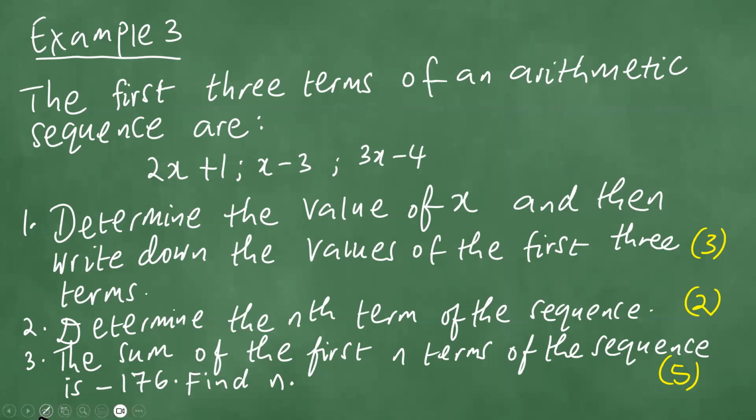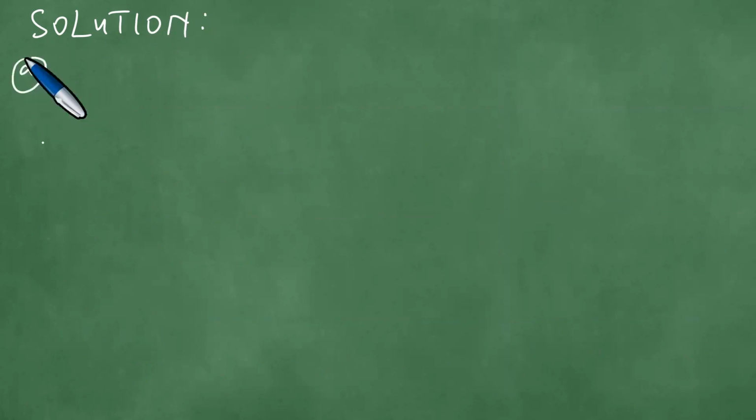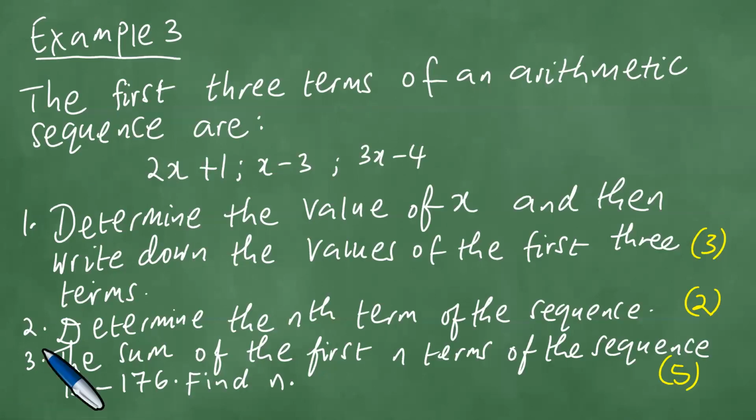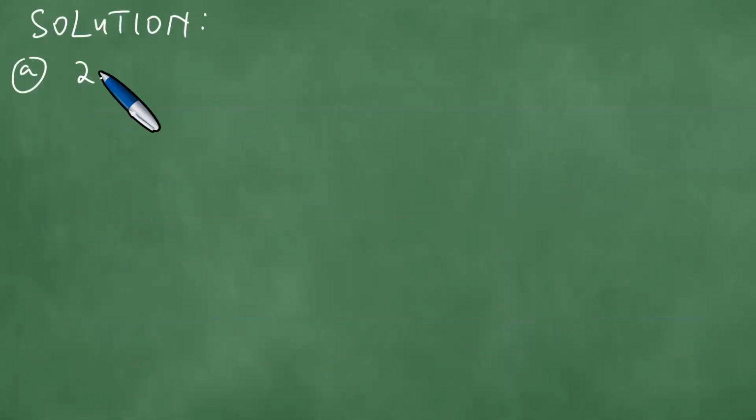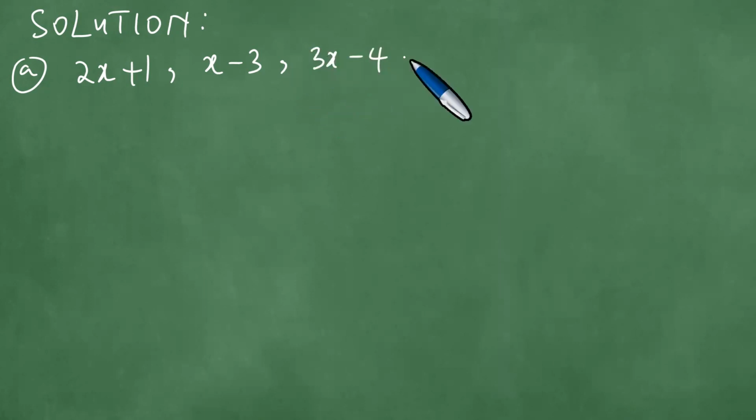Right, let's look at the solution to this, which means we have 2x plus 1, and then we have x minus 3, and then we have 3x minus 4, like so.